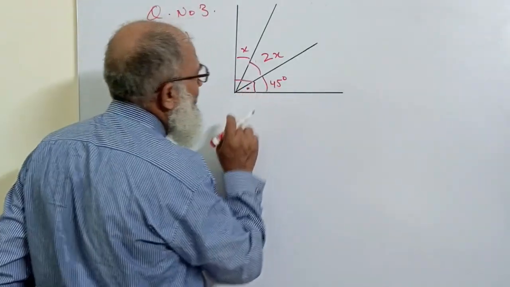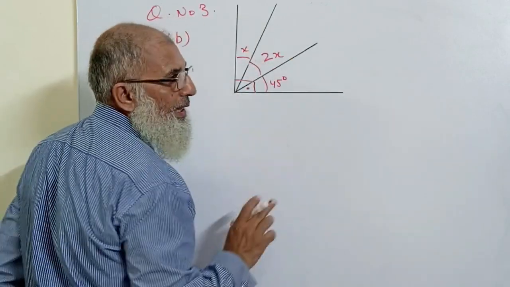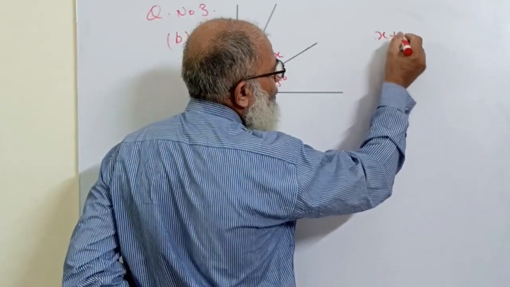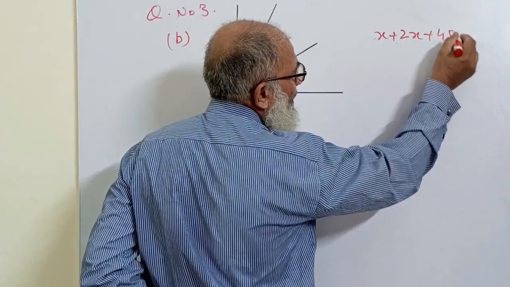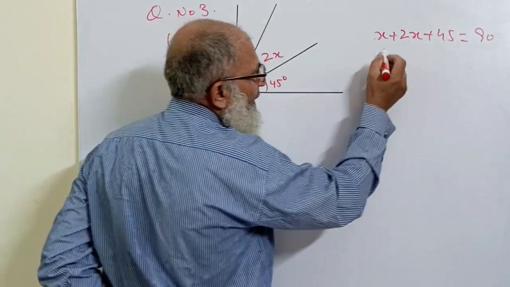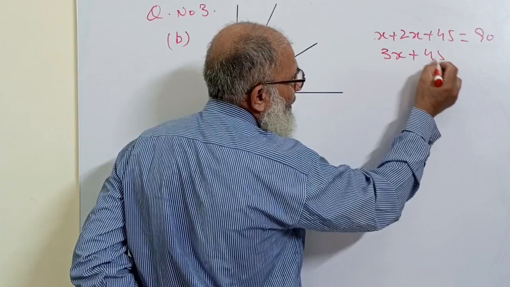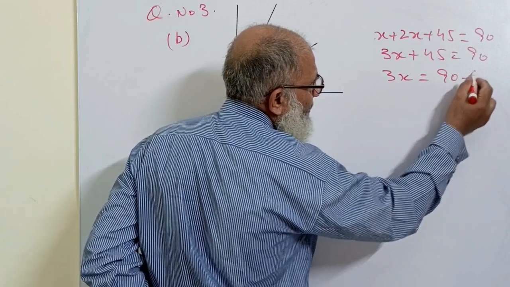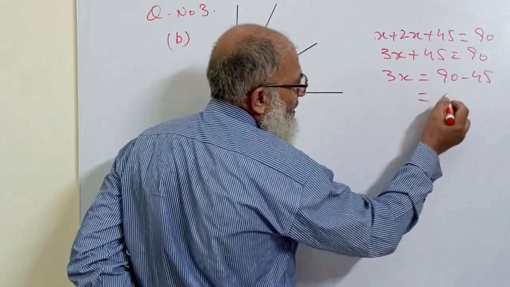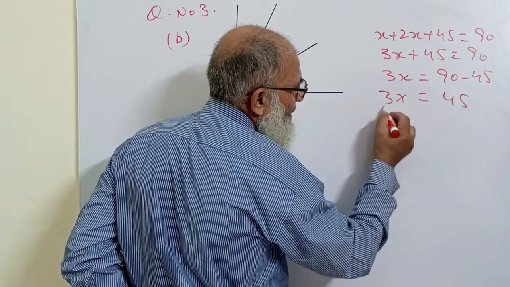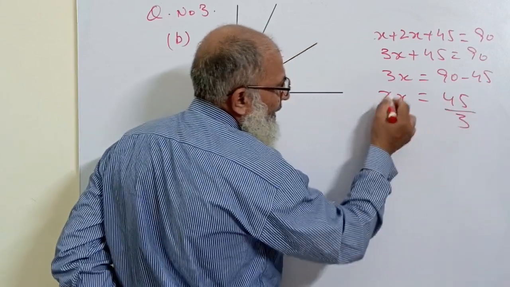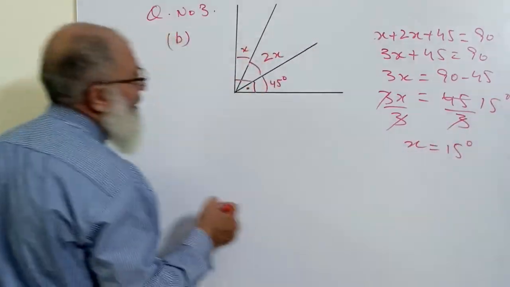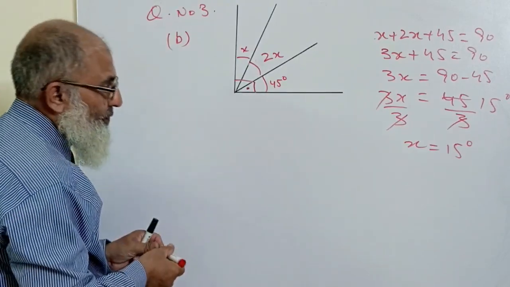So what does it mean? It means that the total angle consists of 90 degrees. So we can find it: x plus 2x plus 45 degrees is equal to 90 degrees. Just add these: 3x plus 45 is equal to 90, and 3x is equal to 90 minus 45, which is 45. Just divide by 3, and you will get x is equal to 15 degrees.